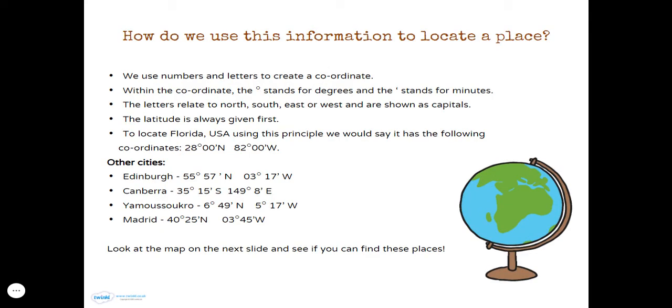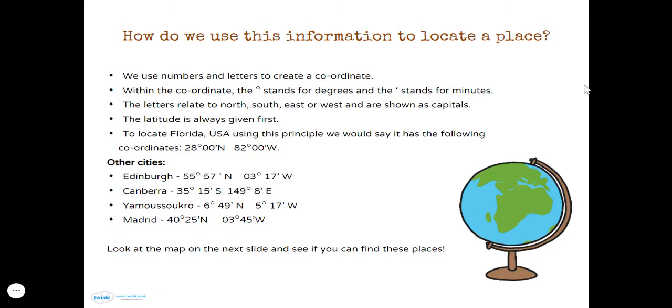So to locate a place, this is the information that we use and how we use it. Those letters and numbers we put together and create a coordinate. Within the coordinate, this little o here stands for degrees, and this little apostrophe here stands for minutes.